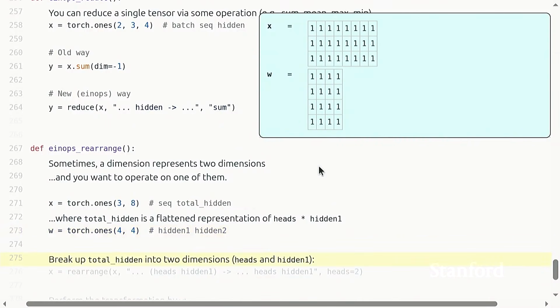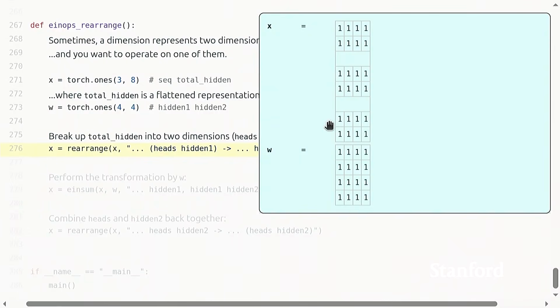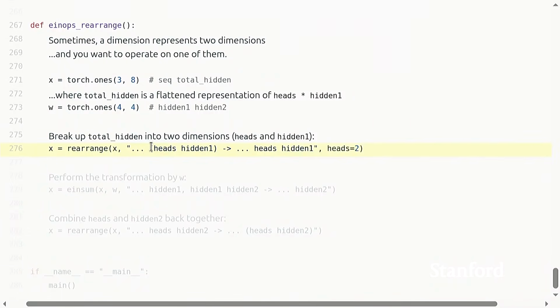So I can use rearrange to unflatten. Here I can use this parentheses notation to say that this thing is actually one dimension, and over here I remove the parentheses to denote that those are actually two dimensions. The way I'm going to split it is heads gets 2 and hidden gets the number of dimensions divided by 2.